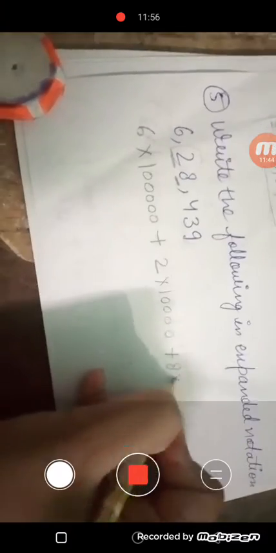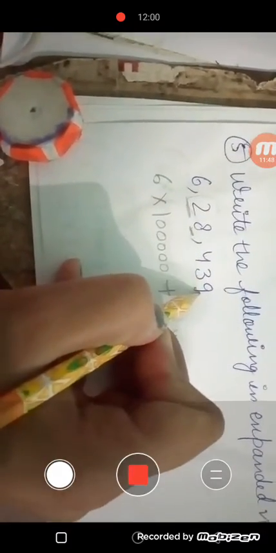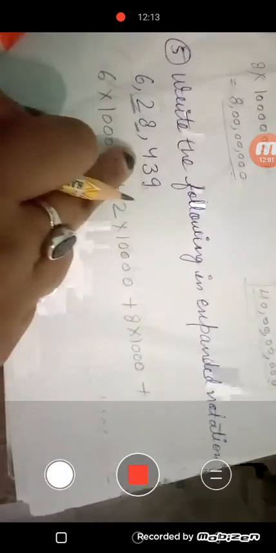Now let's move to another digit, 8. How many digits are left after 8? 1 2 and 3. Only 3, so we have to put only 3 zeros after this. Now it's the turn of 4.